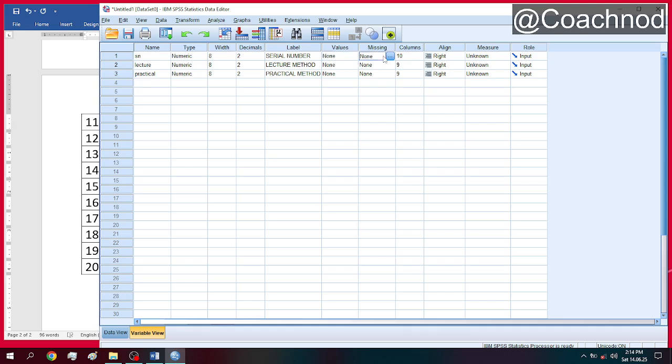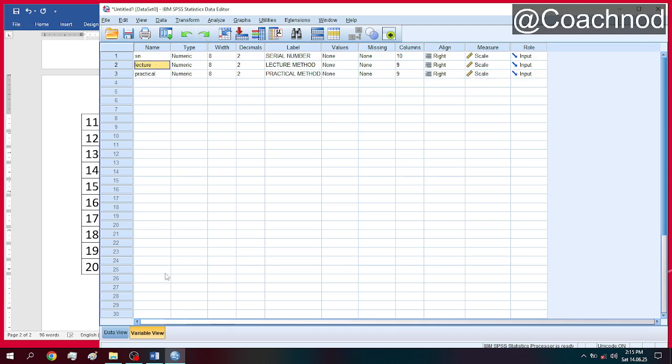So missing, leave it like that. It should be none. Counting, column, you don't need it. Alignment, you don't need it either, left or right. You don't need all these things. So measure now is scale. You put on scale. Okay.